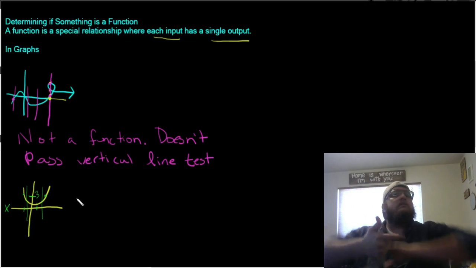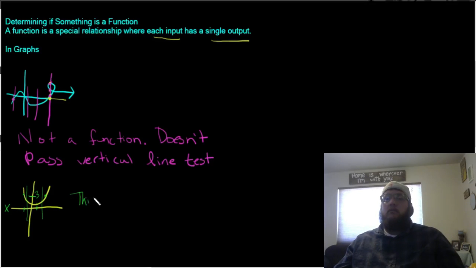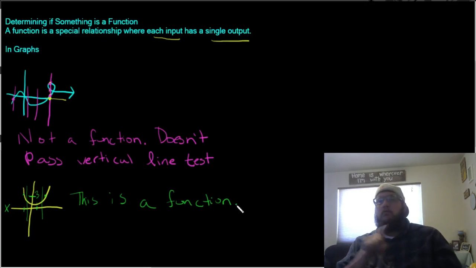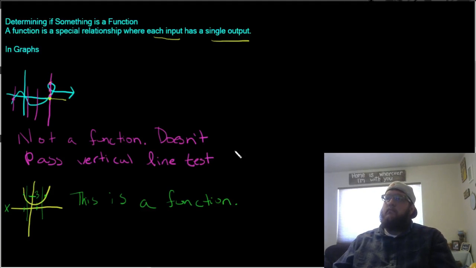So again, for the same reason, this is a function. And we use the same reasoning we did up here, except it did pass the vertical line test.